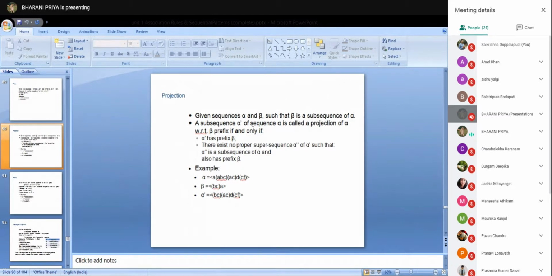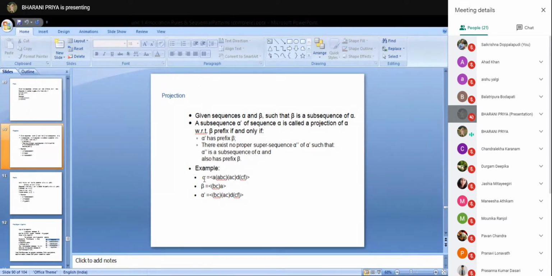Then a subsequence alpha dash of alpha is called the projection of alpha with respect to beta prefix if and only if alpha dash has prefix beta and there is no proper supersequence alpha double dash of alpha dash such that alpha double dash is a subsequence of alpha.